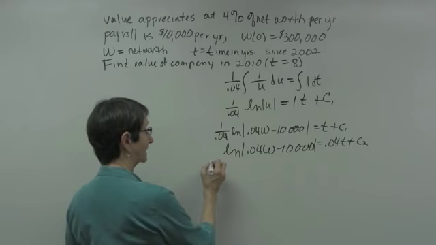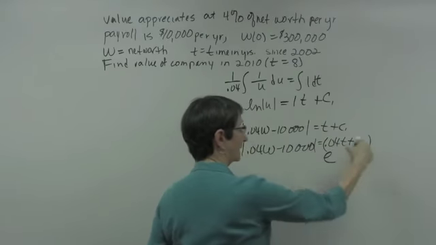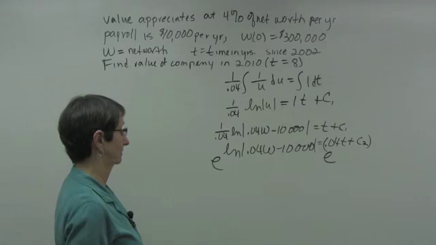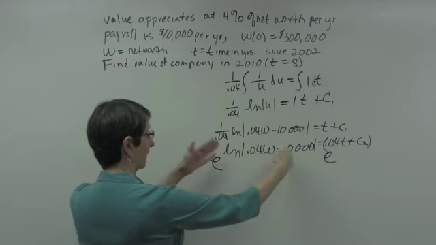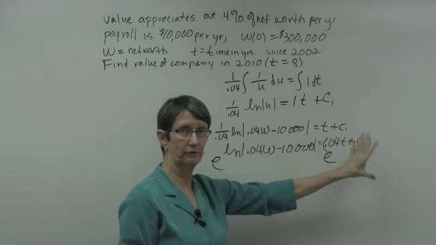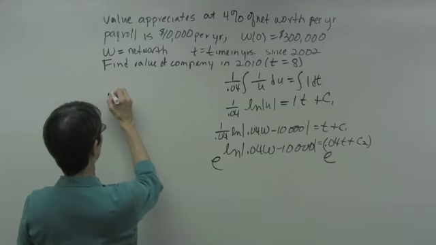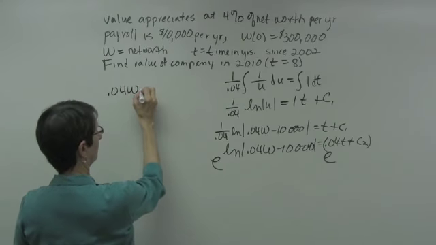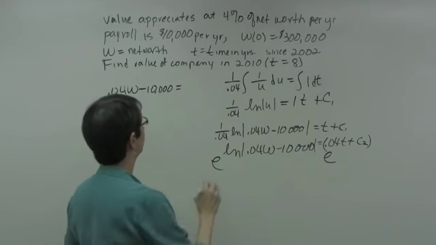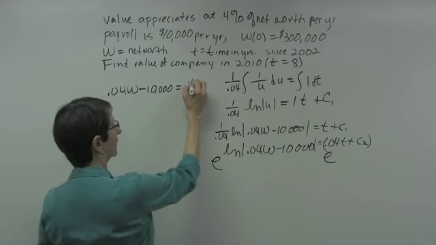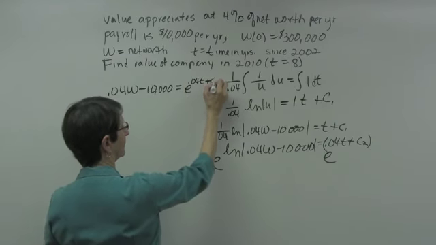So I take e to that power equals e to that power. And I can write my e to the ln. I'll remove my absolute value so I can account for that elsewhere. My 0.04 W minus 10,000 is equal to e to the 0.04 T plus C2.